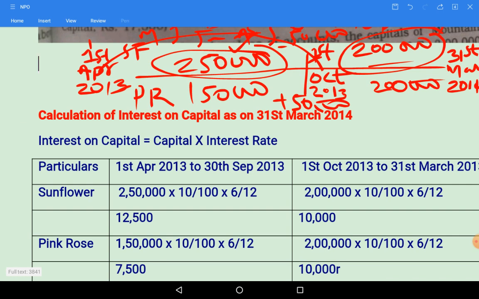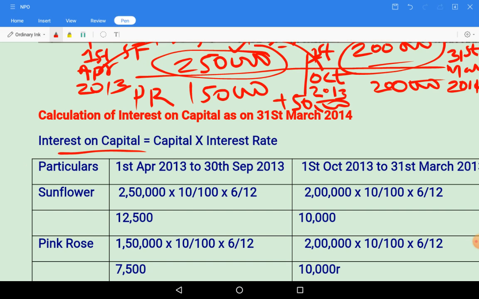So interest on capital, I have made calculations. Interest on capital as on 31st March 2014. So particulars, one column, interest 1st April to 30th September.